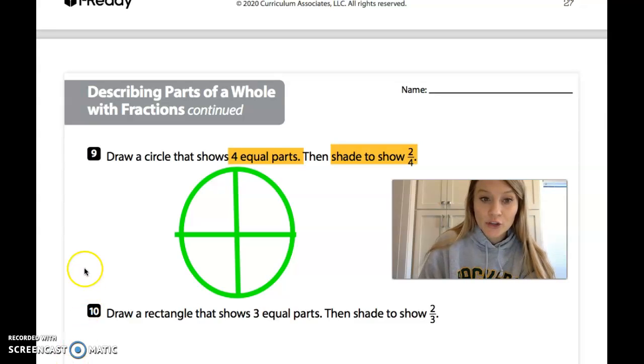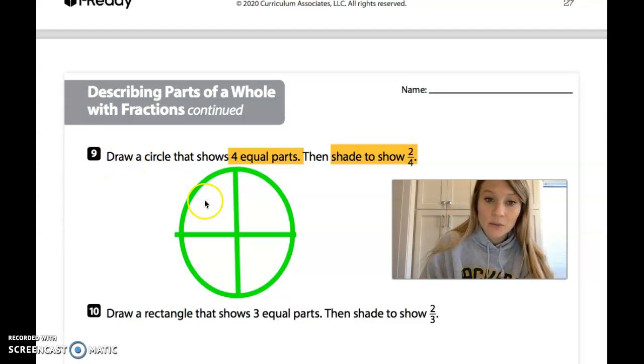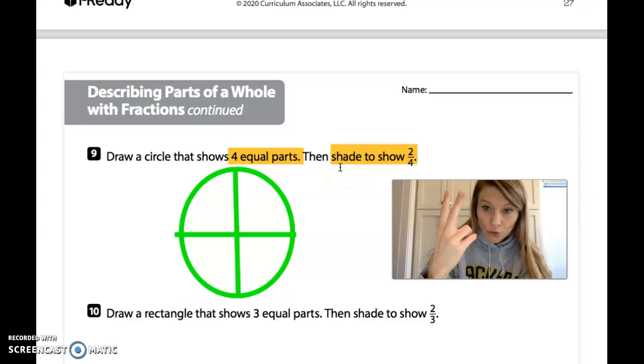Now for 28, you are describing parts of a whole with fractions continued. So I went ahead and I drew you the first part. Draw a circle that shows 4 equal parts. Do you see that? 1, 2, 3, 4. But then I have to shade 2/4. So remember what the numerator means.